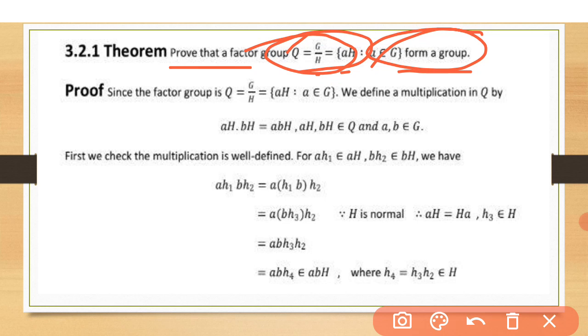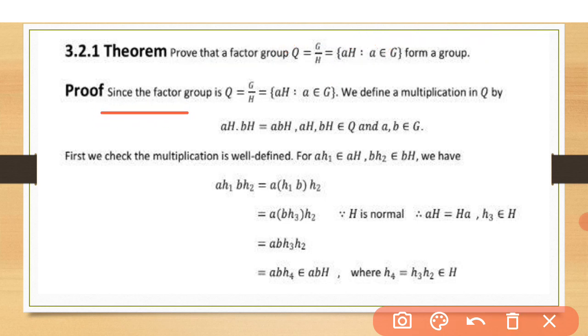So we have to prove that this collection is a group. For proving that it is a group, we need to prove all four properties: that it should be closed, and it should hold the associative law. Identity must exist, and the inverse of each element must also exist in this. So since the factor group, as we defined earlier, Q is equal to G by H, where Q is the collection of all left cosets of H in G. We define a multiplication in Q: this is the first left coset and this is the second left coset.